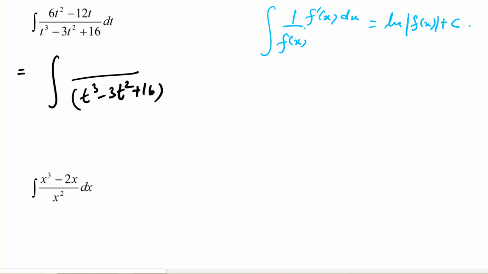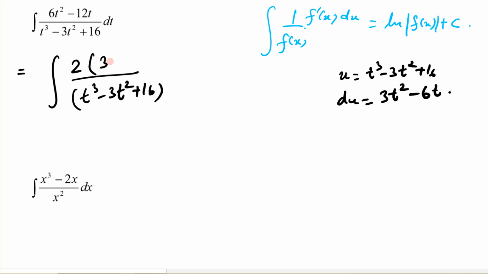In my mind I can think of u as t cube minus 3t square plus 16, so du should be 3t square minus 6t. And I can see that on the top, if I just take 2 as a common factor out, inside we are left with 3t square minus 6t dt.